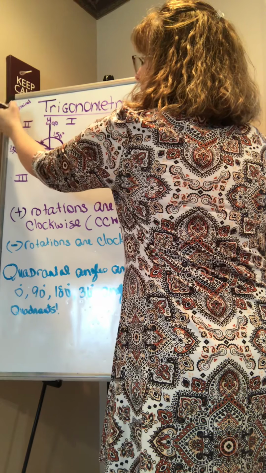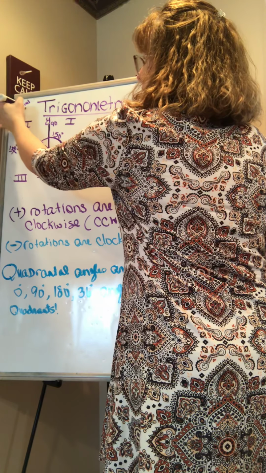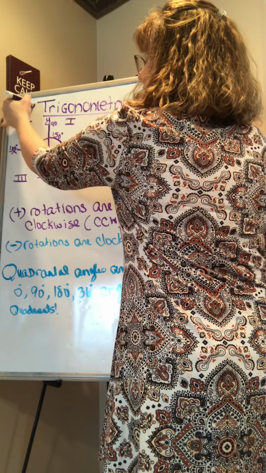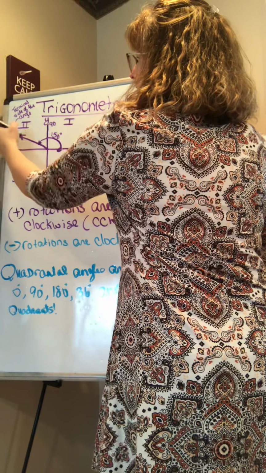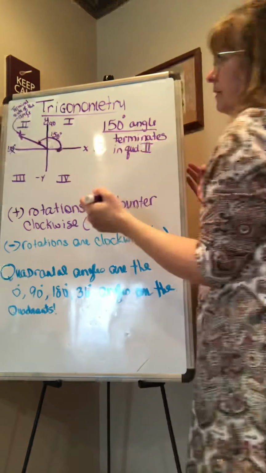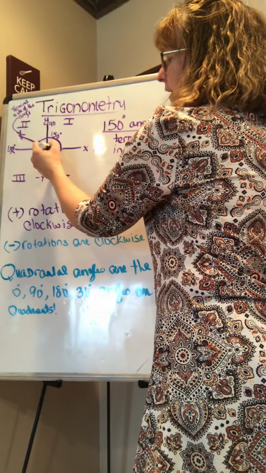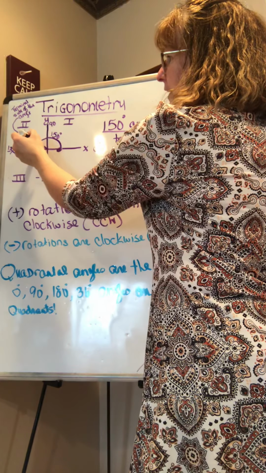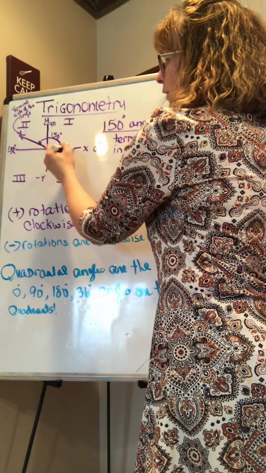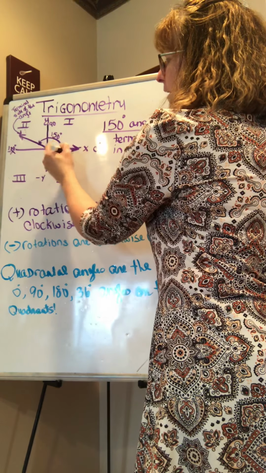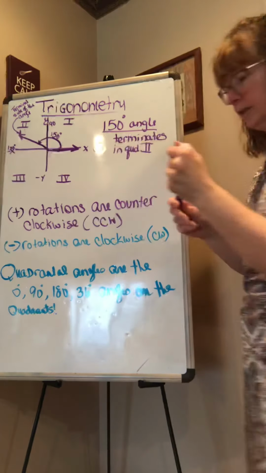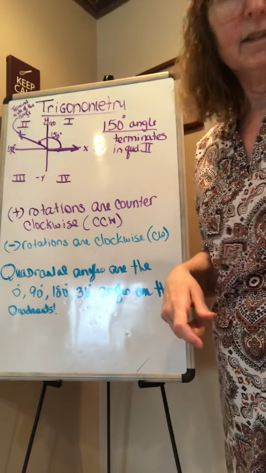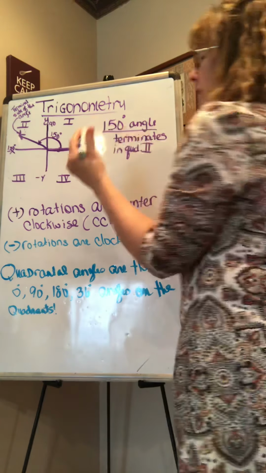Terminal side of the angle. And this is where terminal means end. So the angle began in standard position and it ended here. So if you drew it, this could be the whole angle, the x-axis you're using to start. There's your terminal side.